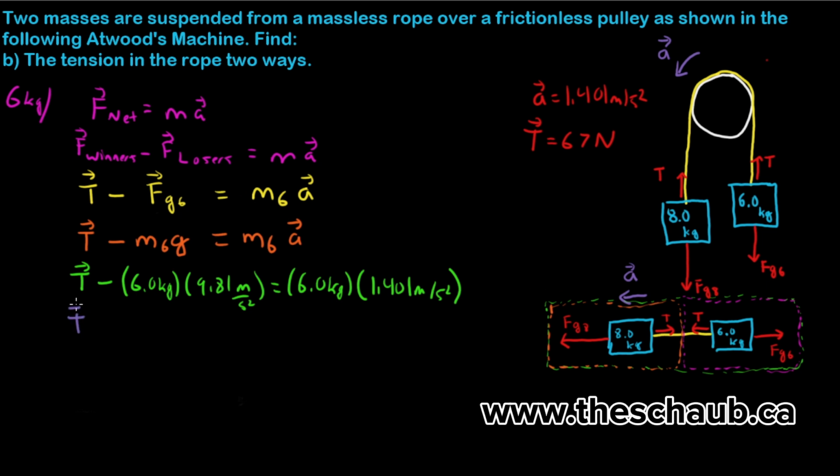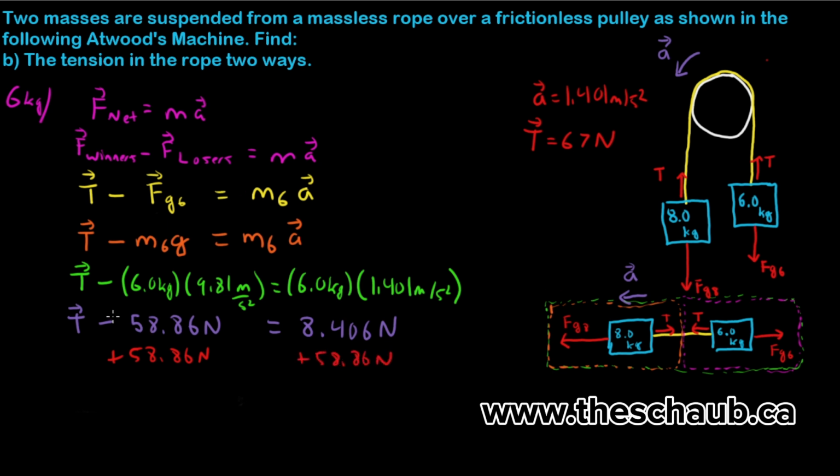This gives us T minus 6 times 9.81, which is 58.86 newtons, is equal to 6 times 1.401, which is 8.406 newtons. To get our value for the tension all alone, we add 58.86 newtons to both sides of the equation.